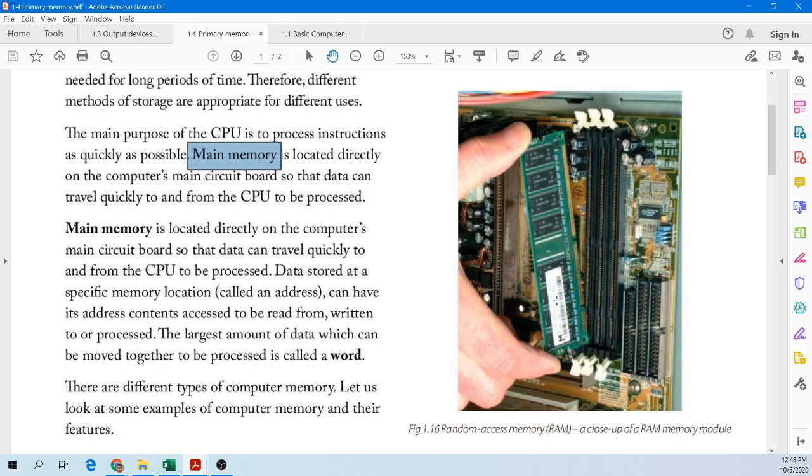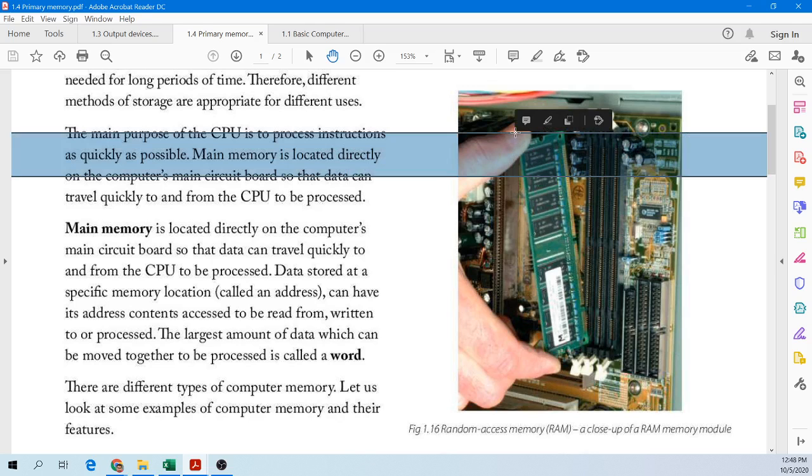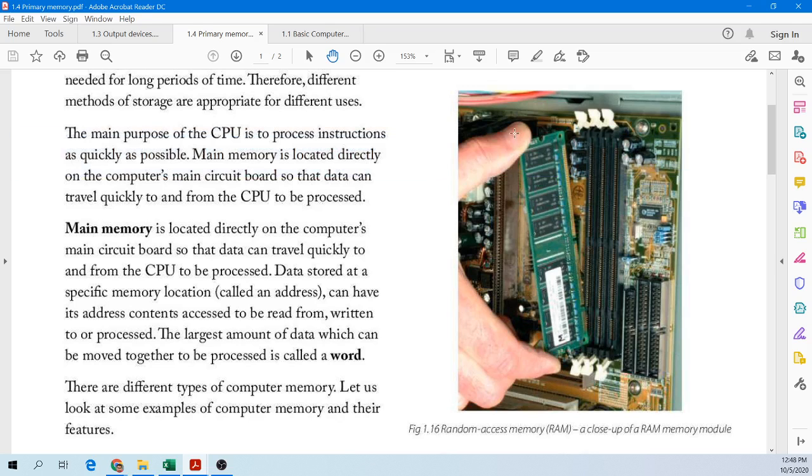So in this image here, this green stick that you're seeing here, that is the memory. Now there are different sizes depending on the kind of computer. This is a desktop kind of memory, so it's bigger compared to a laptop's memory, and it would plug directly into the motherboard.